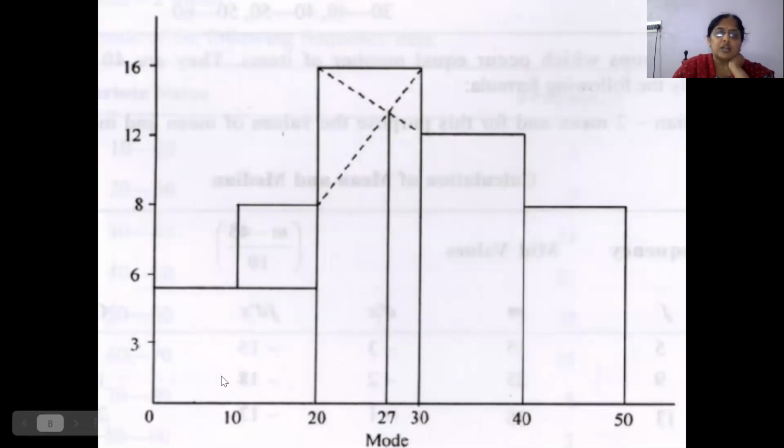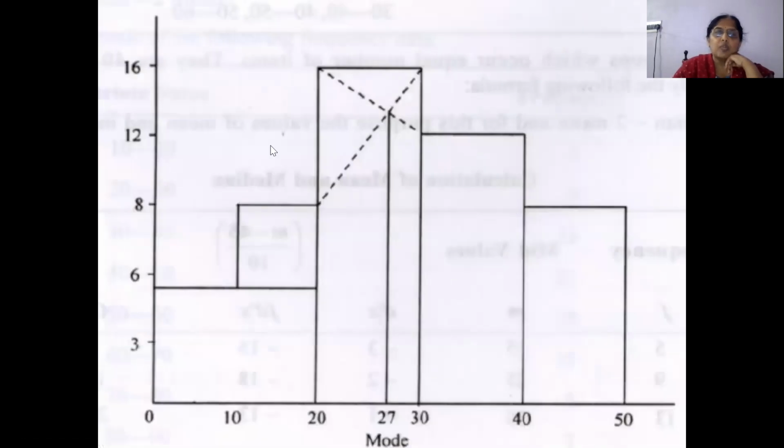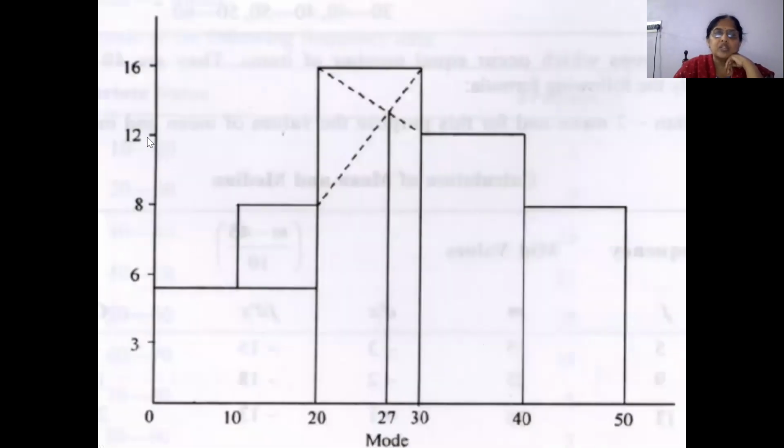Next one is 20 to 30. 20 to 30 is how much? 15. This is 15, almost here, correct. Next, what is the next bar? The length is 12. This is correct. And then the last bar, how much? 7. That means here it comes to this length.